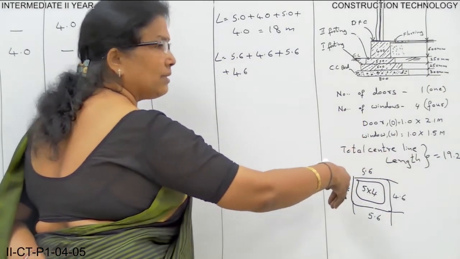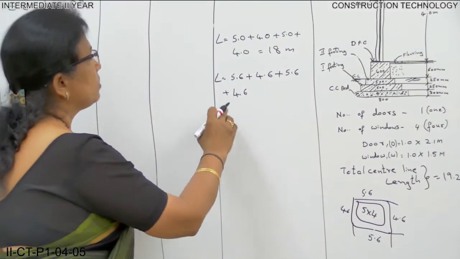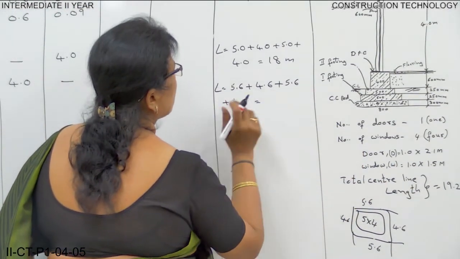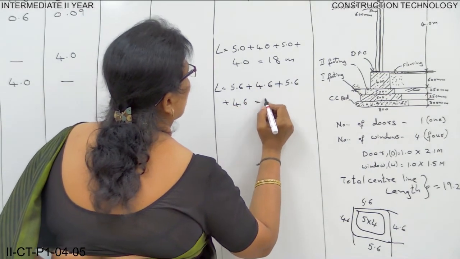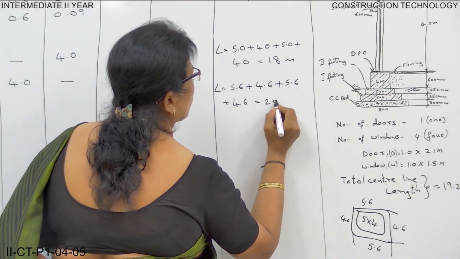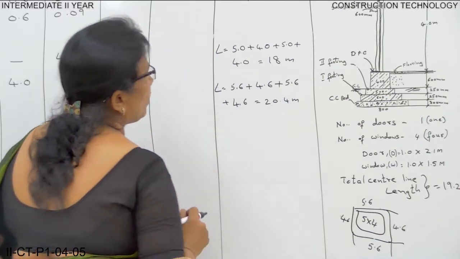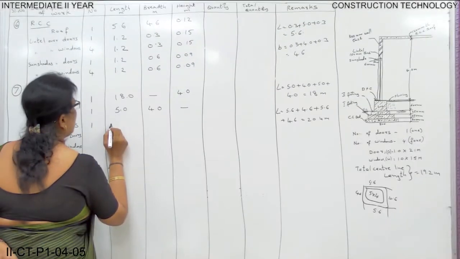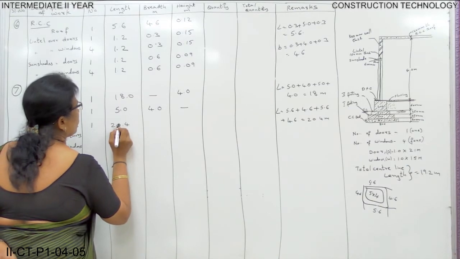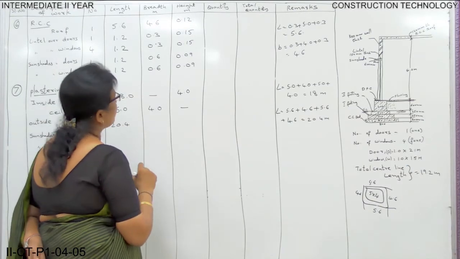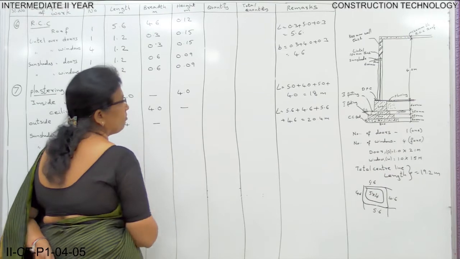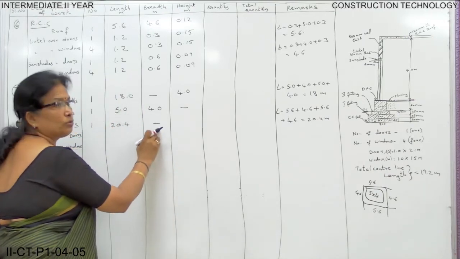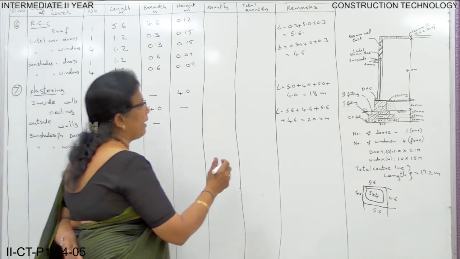You need to do plastering around the building, so this is your total length. This is 20.4 meters. So your length outside is 20.4. Breadth you don't have, you have nothing to do with it. Just put a dash near breadth. And height.